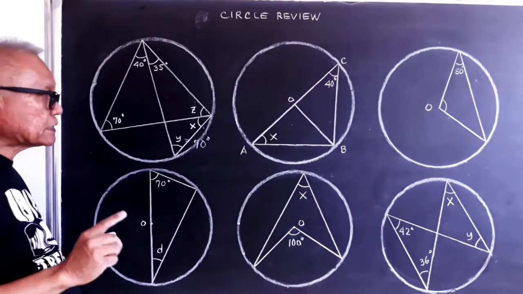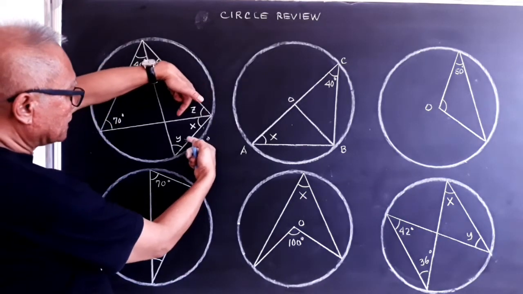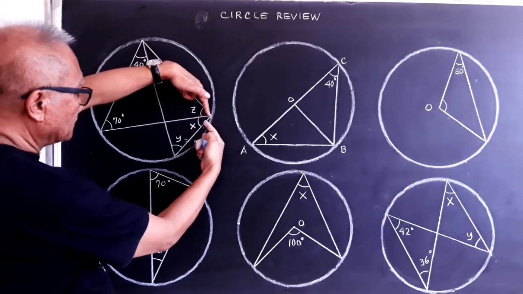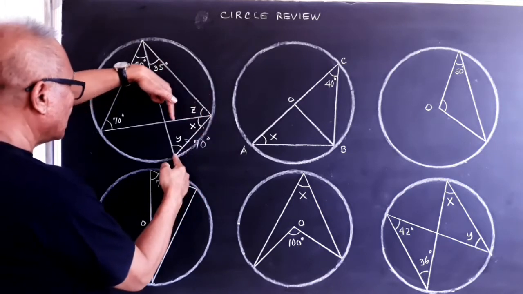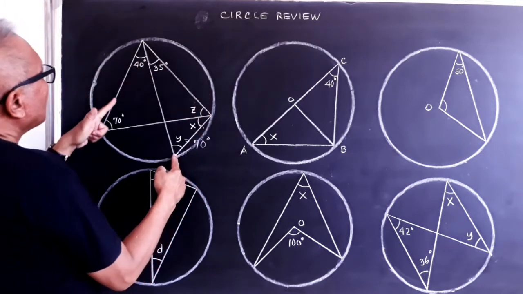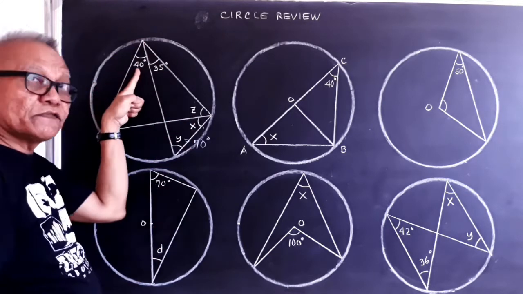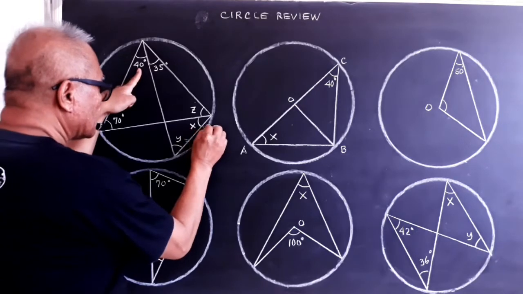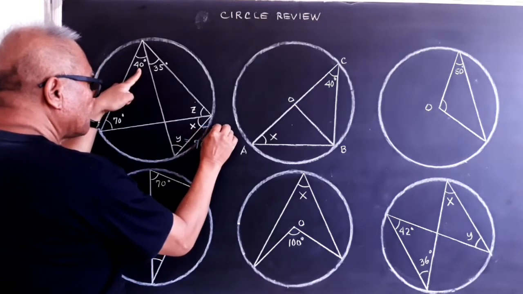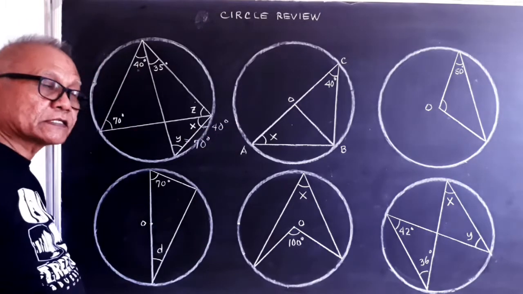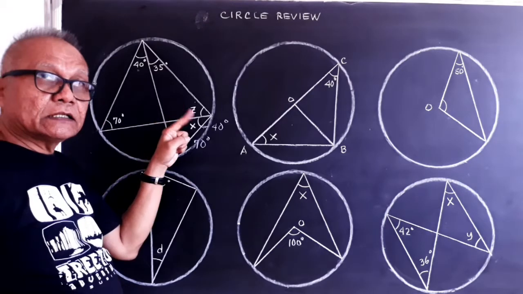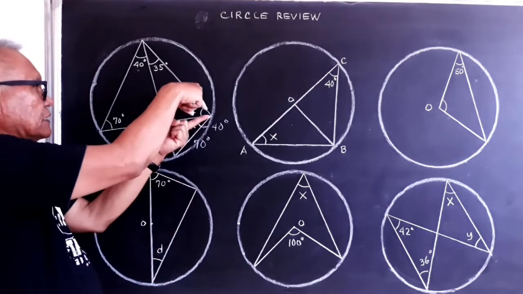Okay, let's find X. So X is here. My hand is here, and this finger will go there. Oh, it's 40 degrees. So this angle here is 40 degrees. What about angle Z?